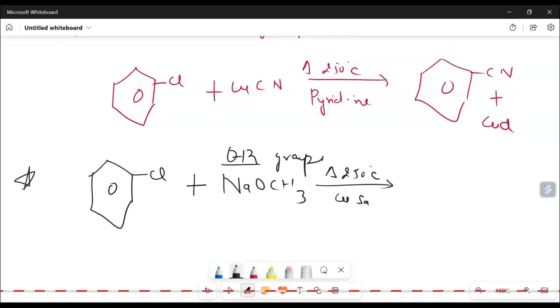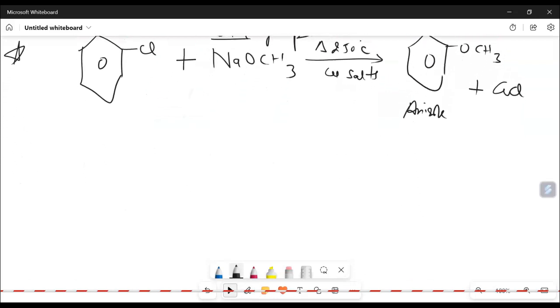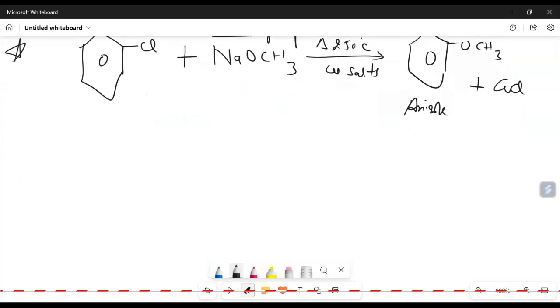In the presence of Cu salt, it will form anisole, OCH3, plus CuCl, or NaCl.